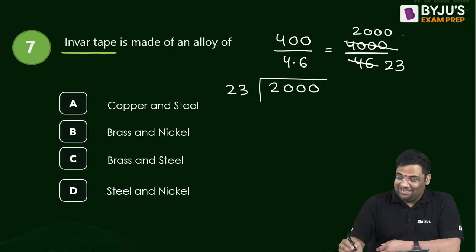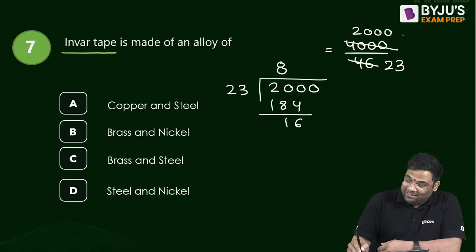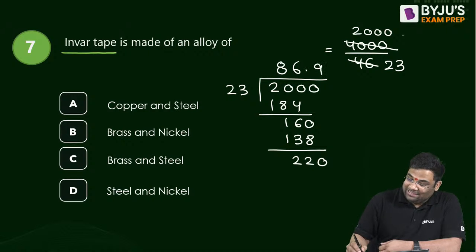Can't we do this division? 8 you do. This 160 and 24, 184, then 160, then you take 6, 120, 138. Then 22, 0.9. This will be 230 minus 23, 207, then 130, then 5.